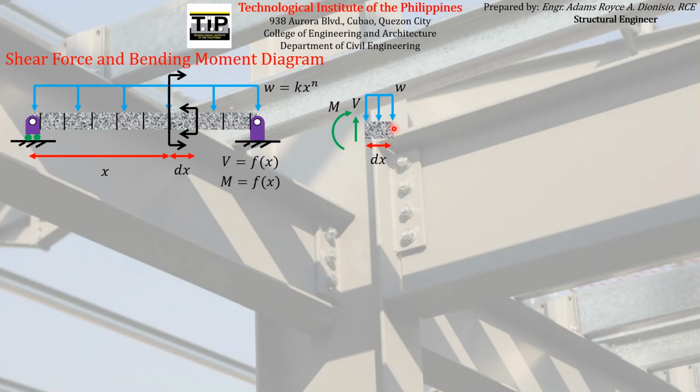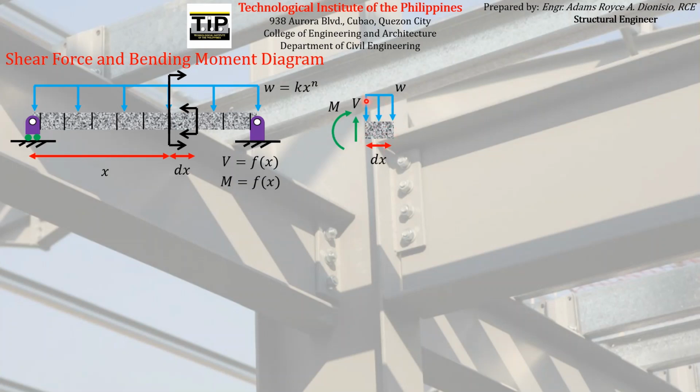So for simplicity, we will just designate the difference between the shear force and bending moment at this location and this location as differential shear force or differential moment, dV and dM.